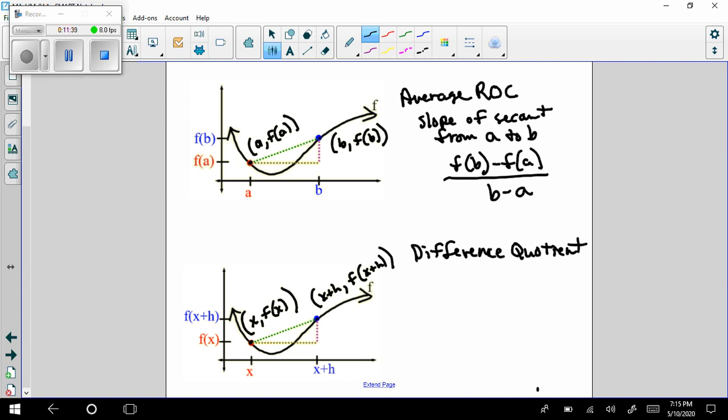So it would be f of the higher point, X plus H, minus the lower point, f of X. Those are your Y values.